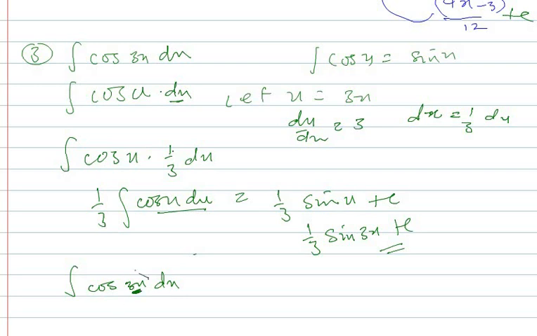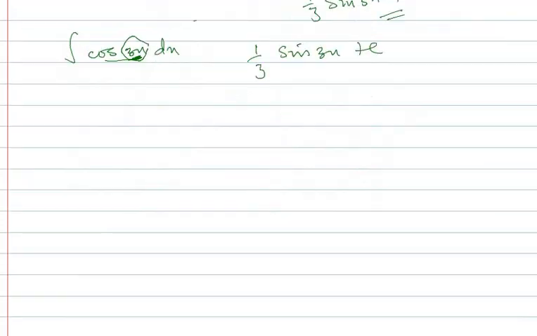We have 3x here, so the differential is 3, then take the inverse, that's 1 over 3, then integrate, and the integral of cos is sine, so sine 3x plus c. That's how it is.